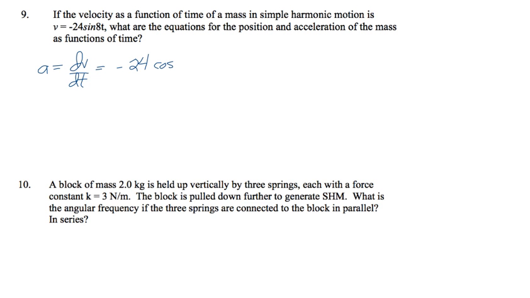It's still going to be cosine 8t, but then times the derivative of 8t, which is 8. So if I combine the 8 and the 24, I get negative 192 cosine of 8t. So that was half of the problem, to get the acceleration.